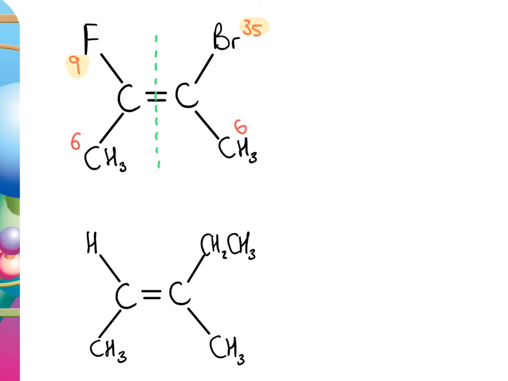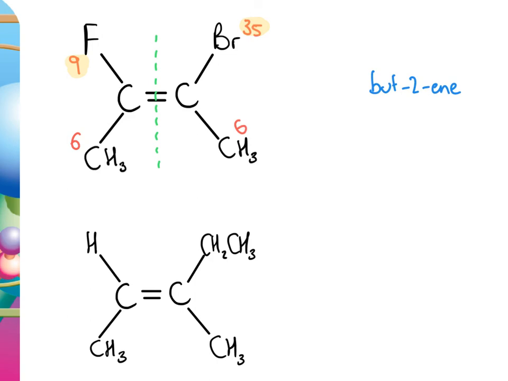So let's now name this molecule. Let's focus on the main part of the name first. We have a 4-carbon chain, so it's but-. The double bond is on the second carbon, so it's but-2-ene.